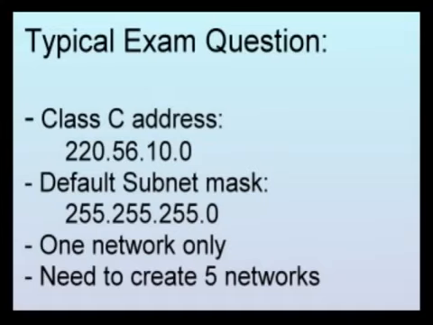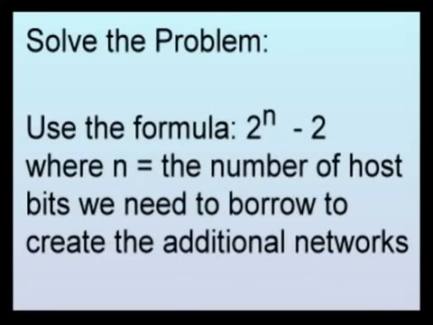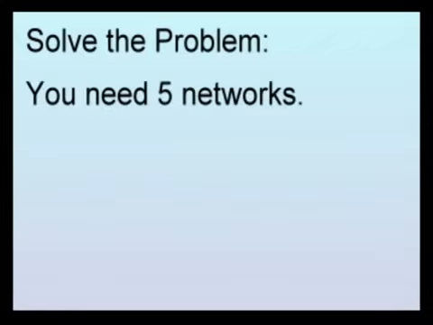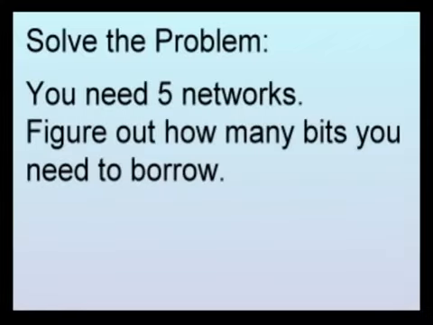Well, we're going to start by using a very simple formula, 2 to the n minus 2. In this case, n is the number of bits that we need to borrow from the host side of the address in order to create the additional 5 networks that we need out of this address. How does this work? Remember, we need 5 networks, so we need to figure out how many bits we have to borrow.